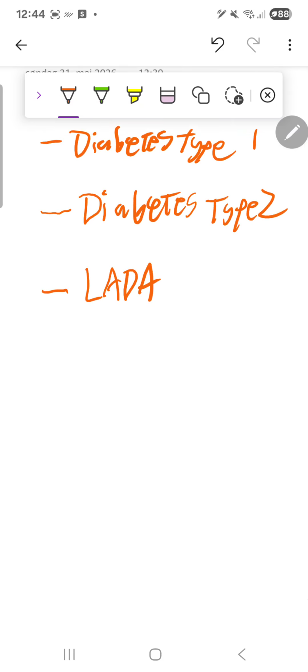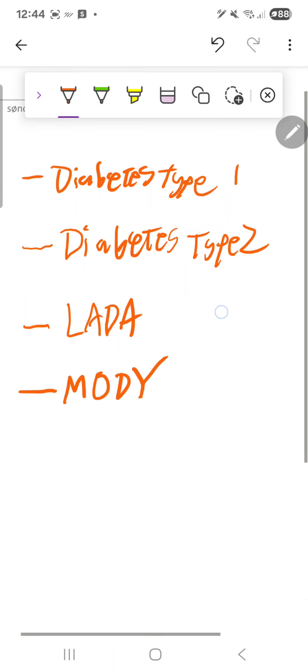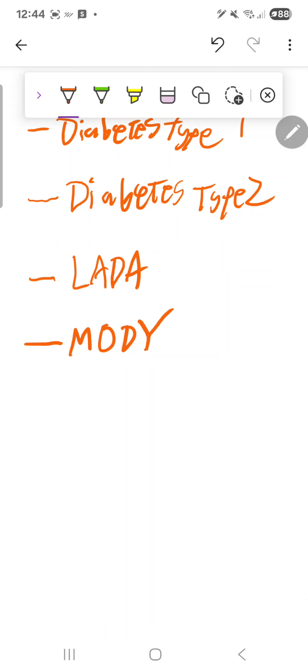And so another type of diabetes is called MODY. And it's called this because it stands for mature onset diabetes of the young. And this is diabetes that occurs at a young age.